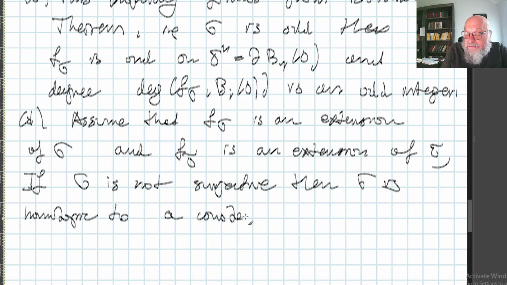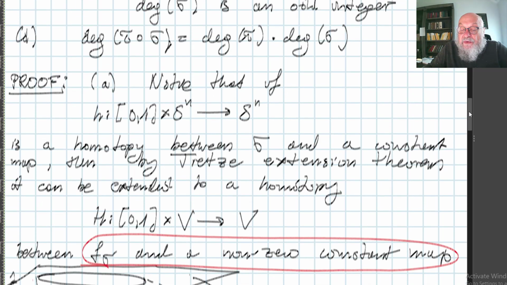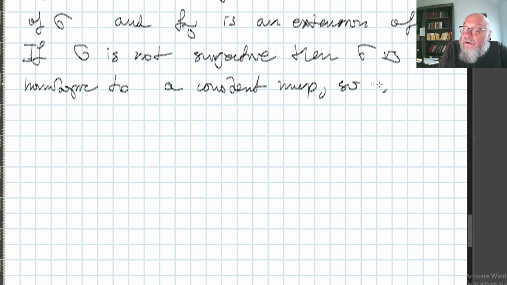And in the same way, the composition of tau and sigma is also homotopic to a constant map.